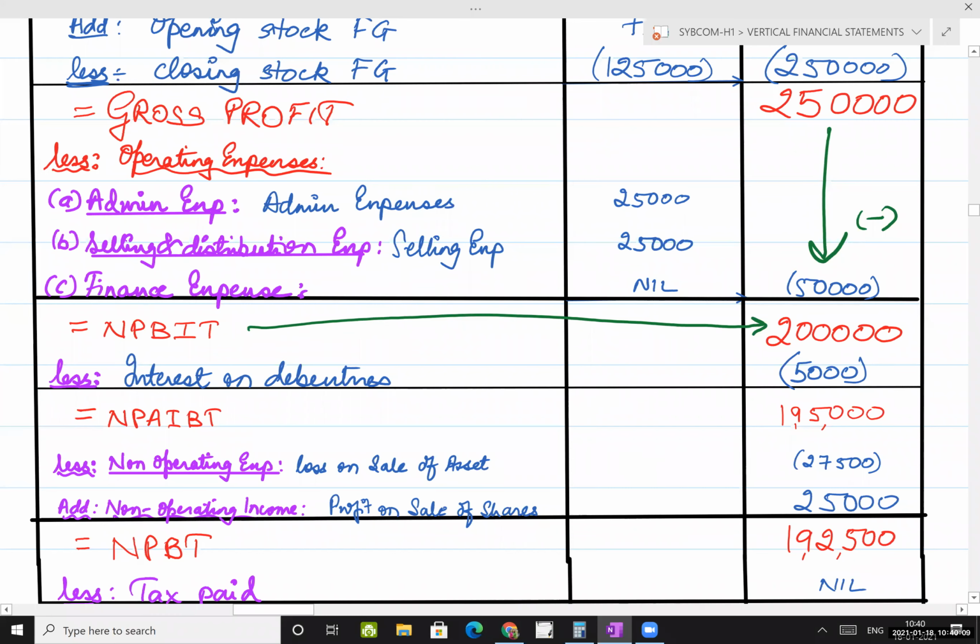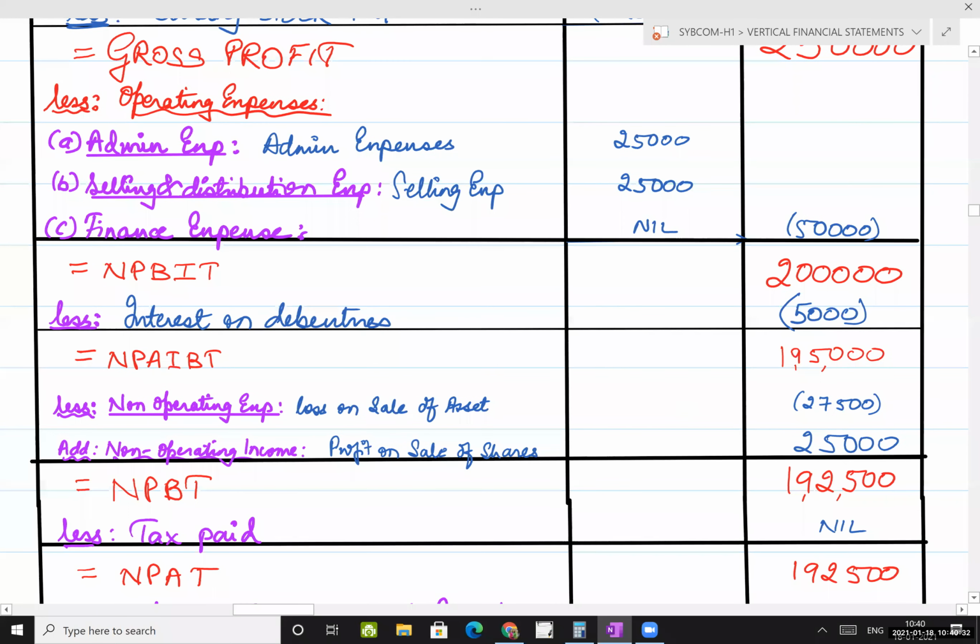So that is why this bifurcation is very important for you all to understand. अदरवाइज मैं यहाँ पे फाइनेंस एक्सपेंस में इंटरेस्ट लिखूंगी, फिर जब रेशियोज लूंगी वहां नहीं लिखूंगी, तो you guys will get confused. ओके, that is why make it a habit of taking it separately. हो गया. तो 2 लाख minus 5,000 is 1,95,000. Net profit after interest but before taxes.